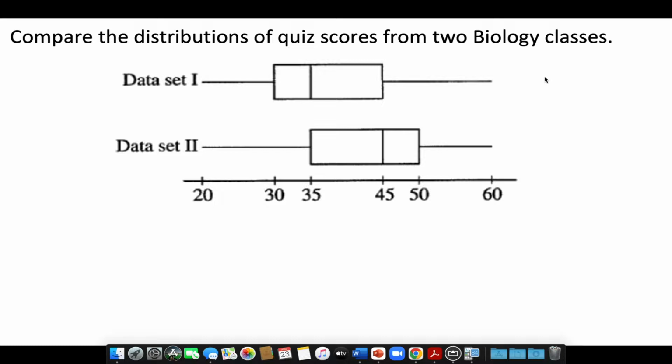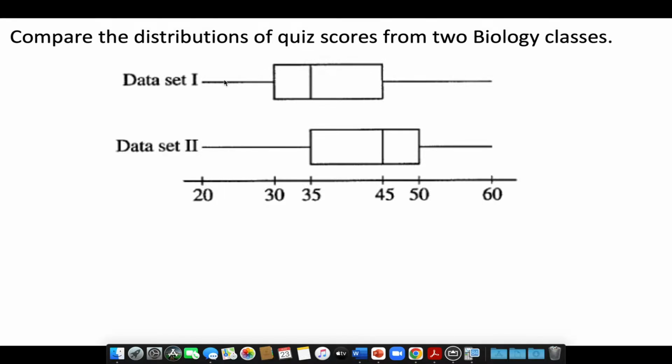How about the first 25%? That's not the shortest. This is the shortest right here. Aren't these two about the same? The distances here? Yes, maybe so.